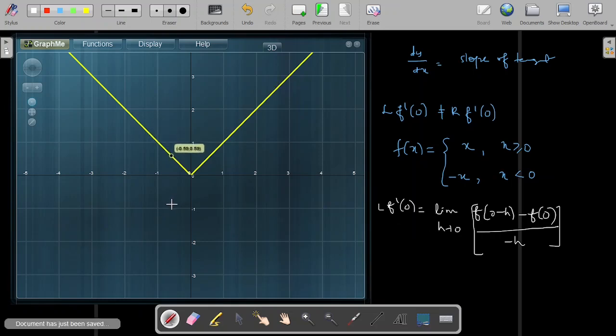Now I know why the modulus function is not differentiable at x equal to 0, because it has a sudden change or this sharp edge at x equal to 0, due to which the tangent does not have a stable value; it has a fluctuating value. See, when you have a switch, either it is on or it is off.